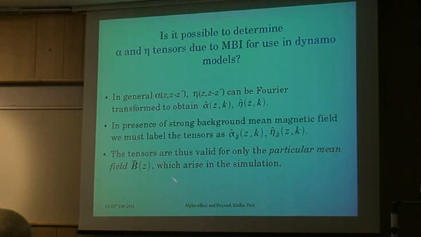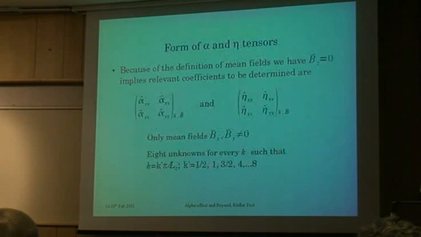So these tensors that we can calculate through a test field method are actually valid for the particular mean field, which means that maybe it is difficult to get a mean field model out of these alpha and eta, because this becomes a chicken and egg problem. Which do you calculate first? If you want to calculate alpha, it depends on the mean field B bar. If you want to calculate B bar, it depends on the hatted quantities.